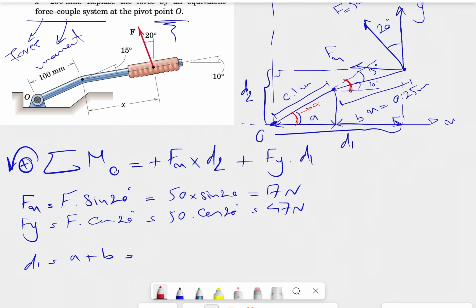So for A, we'll basically have 0.1 times cosine of 25 degrees plus we have the distance between these two, which is 0.25 meter, and this time the cosine of the 10 degrees that we have in here.